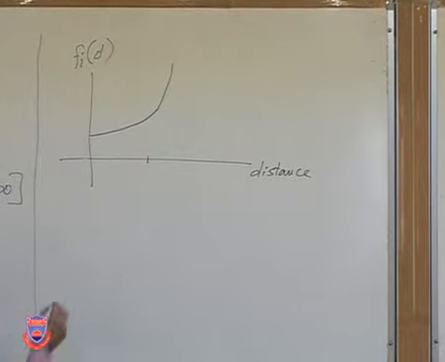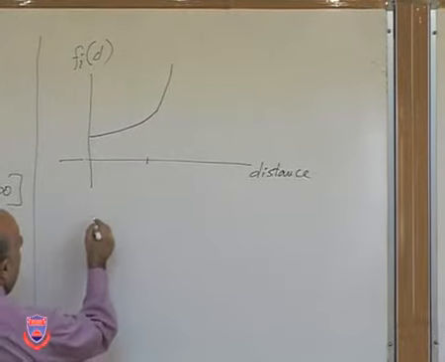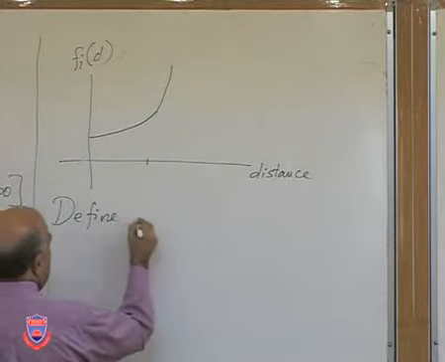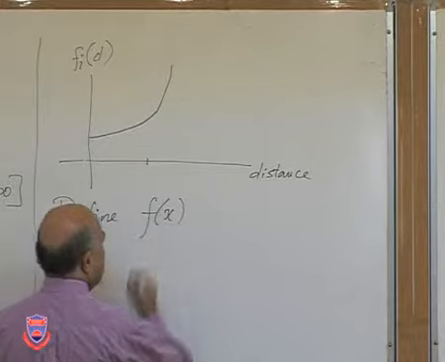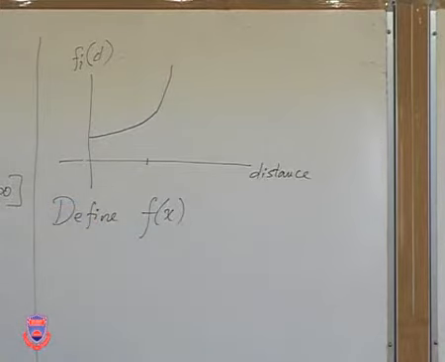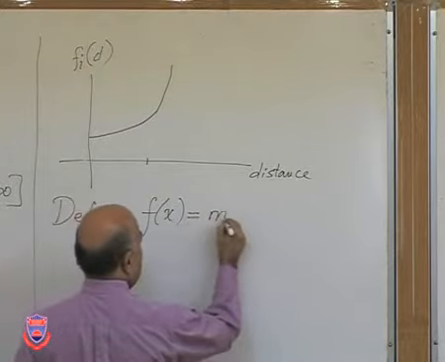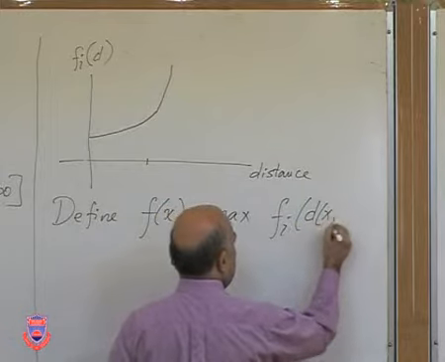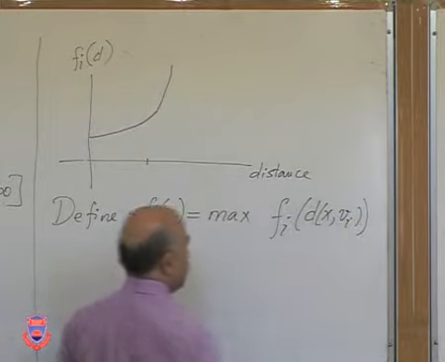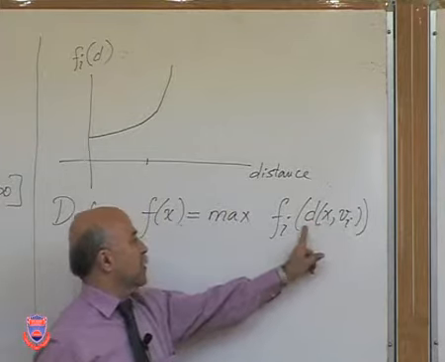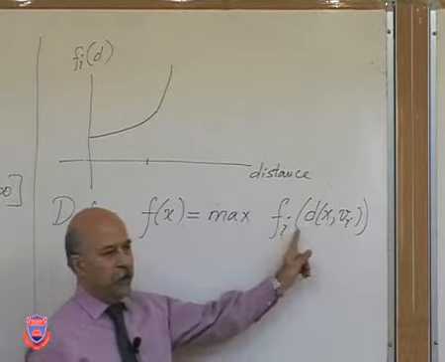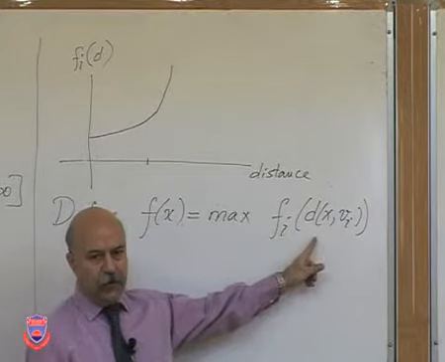So what we're going to do is define my objective function at a point X, which is going to be the position of the center, to be the maximum loss I get from vertices. So for the ith vertex, whatever the distance between X and Vi is, you evaluate your loss function, and that gives you a certain loss.